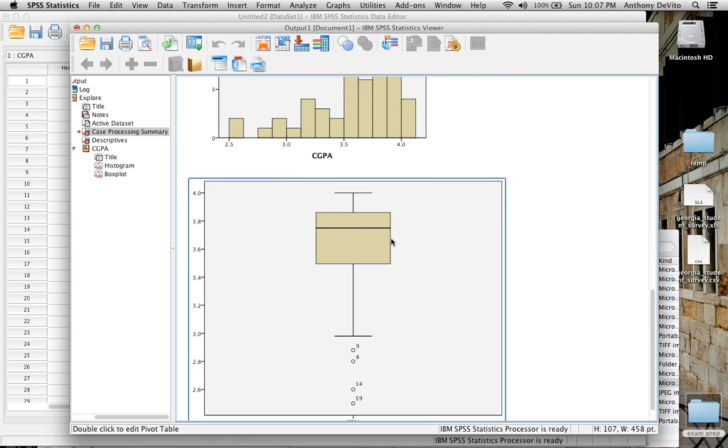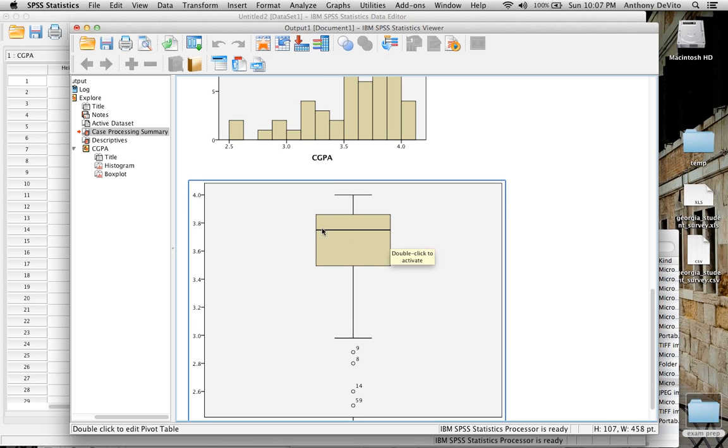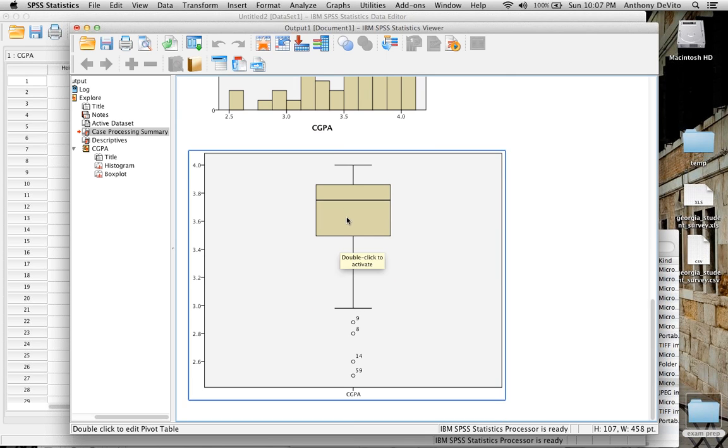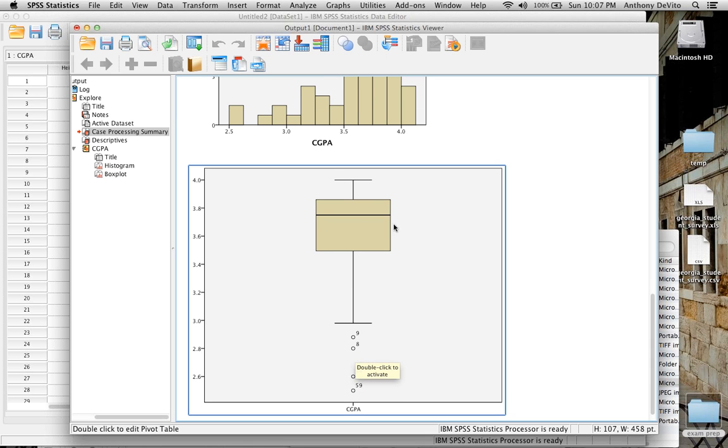And if I look at the box plot, I get the same result. The median is higher, and there are values pulling the average down. So the median is up towards the top part, and there's a greater weight below. This median should have been right in the middle. This whole thing should have been in the middle of these feathers. And we got a few people that might even be considered outliers by SPSS.